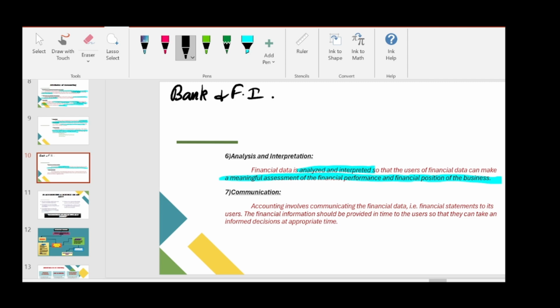Also they will evaluate the assets of the company. Why? Because if we get a loan from the bank, we need to give something as collateral.